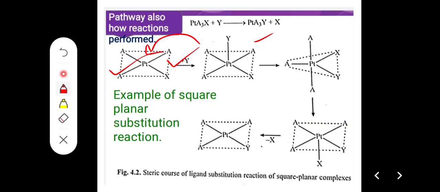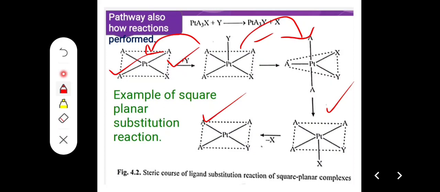Then this square pyramidal geometry converts into TBP shape, where the A's are still trans to each other, and one A is cis to each other. Then again square pyramidal, and lastly X is removed, and we get the product. This is the pathway.